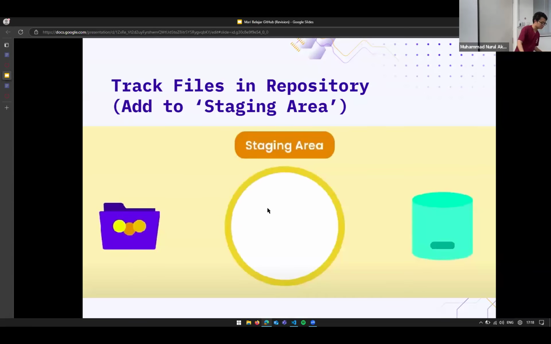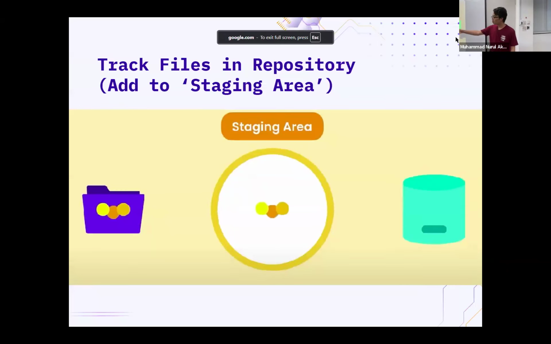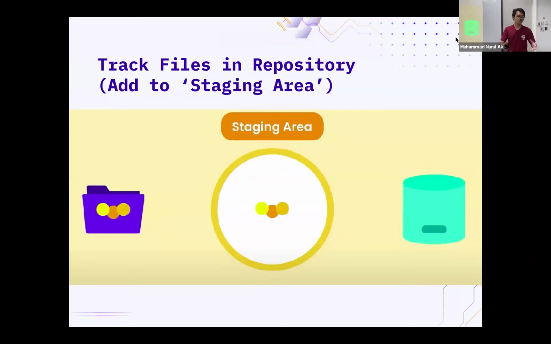Okay, let's go back to the presentation. So when we have finished developing some feature, for example, we can add the file to the staging area and then review the files. Or you may have multiple files that you have changed.